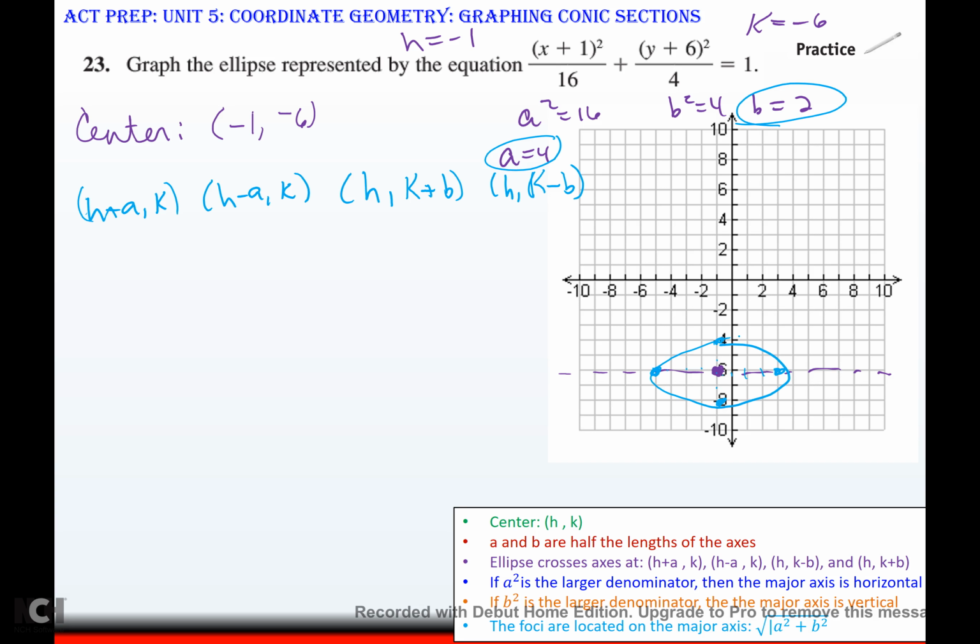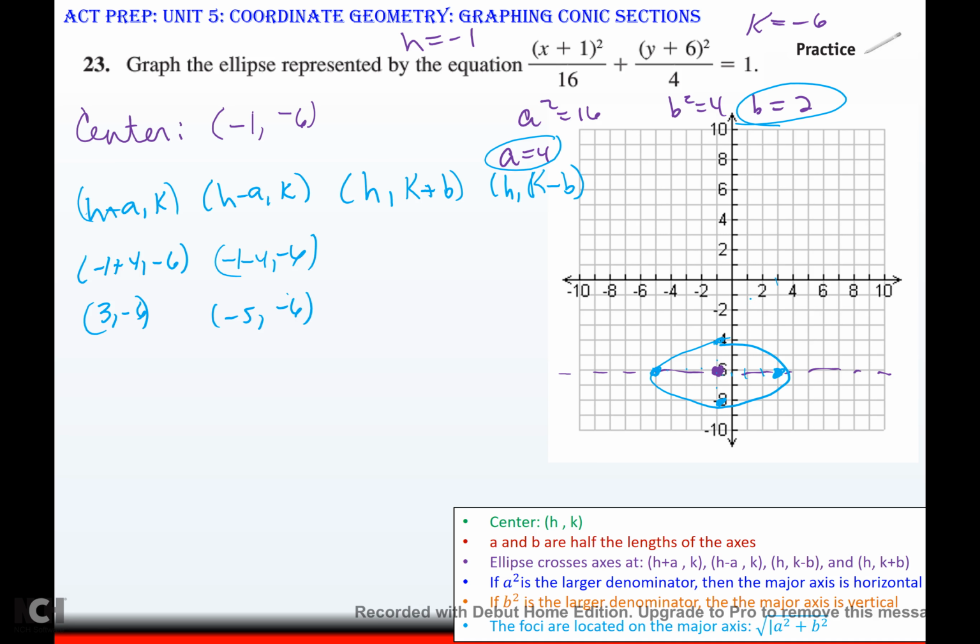Okay, and sure enough, if I plug it in, negative 1 plus 4 comma negative 6, that's 3, negative 6. Oh, look, there's 3, negative 6 right there. If I do this one, I have negative 1 minus 4 comma k, but I know k is negative 6, sorry.